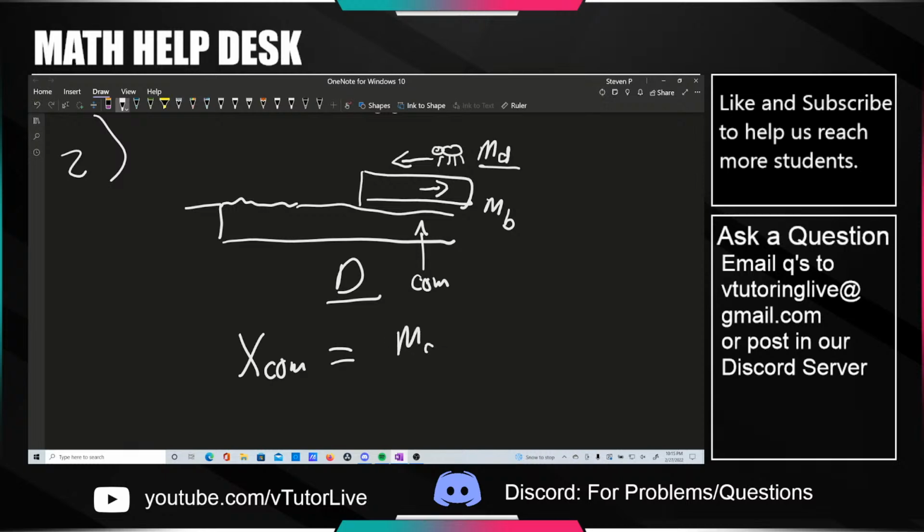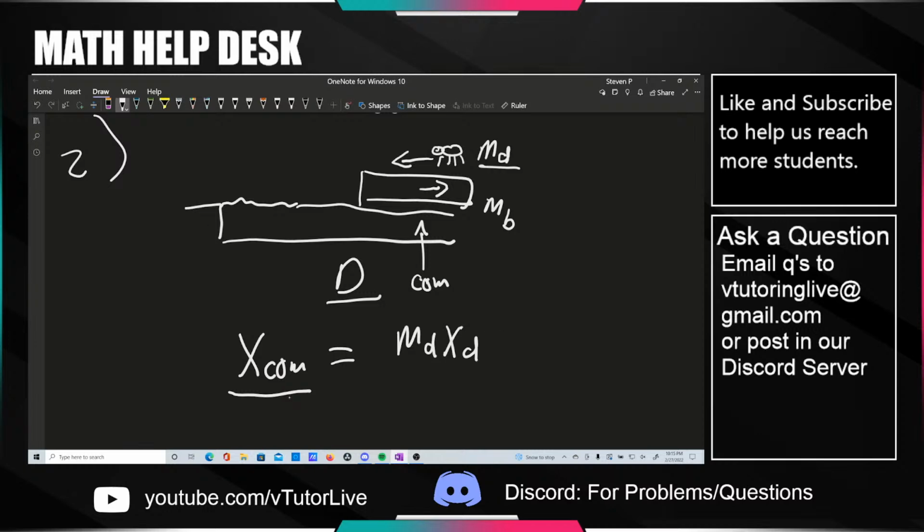Let's say mass of the dog times... okay, you know what? I regret saying that earlier when I said x d was equal to 1.9 or 2 or whatever, let's forget that. Let's just say that x is measured relative to shore, okay?